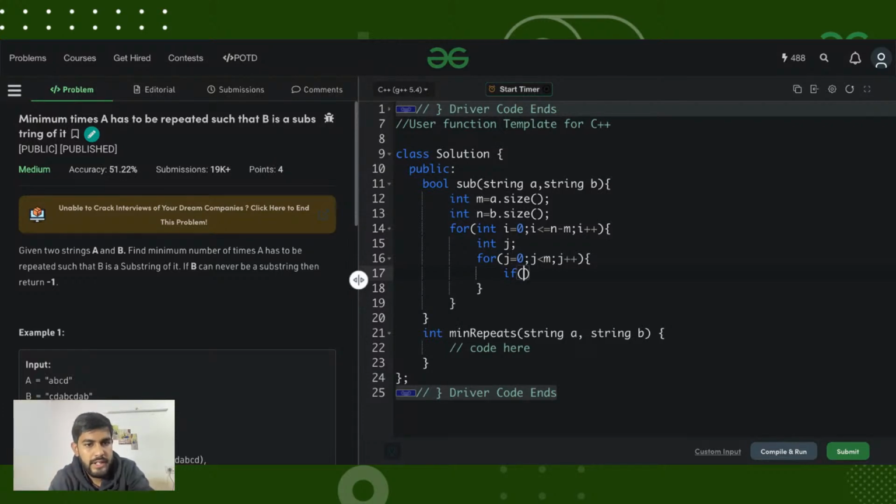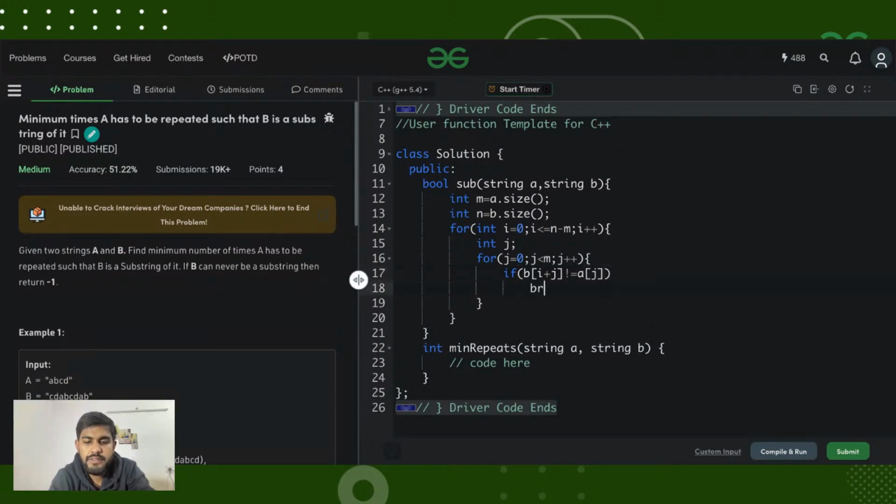Okay, fair enough. And then we would say that if b of i plus j is not equal to a of j itself.